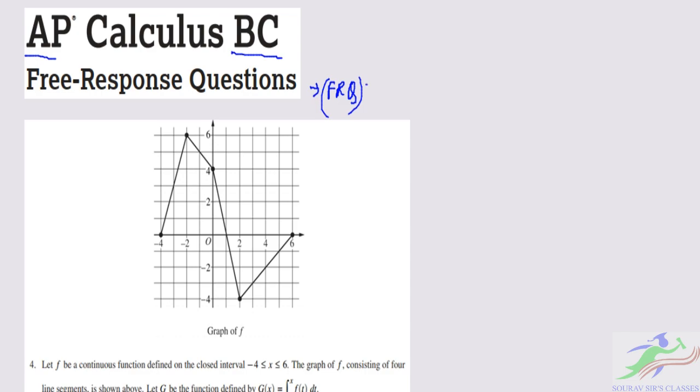For most of the students who are taking this Advanced Placement exam, the FRQ is one of the challenging parts, and it is the most significant part, which can have an effect on your overall score.